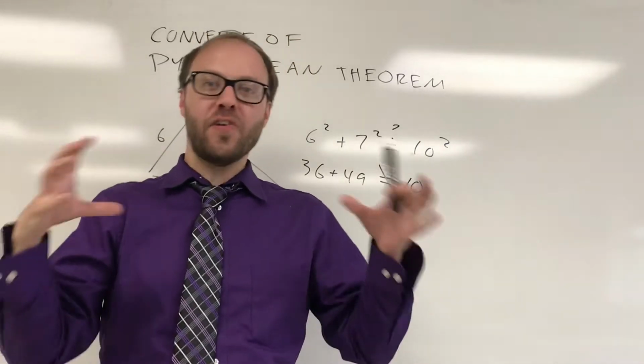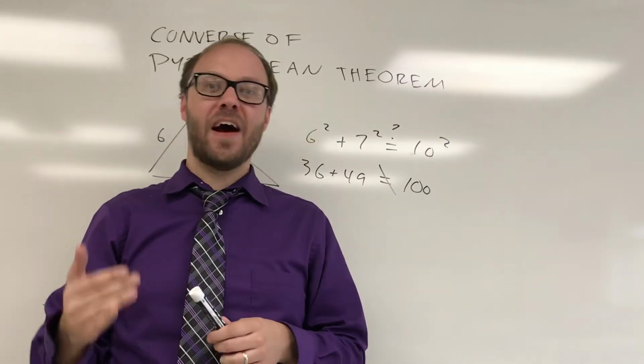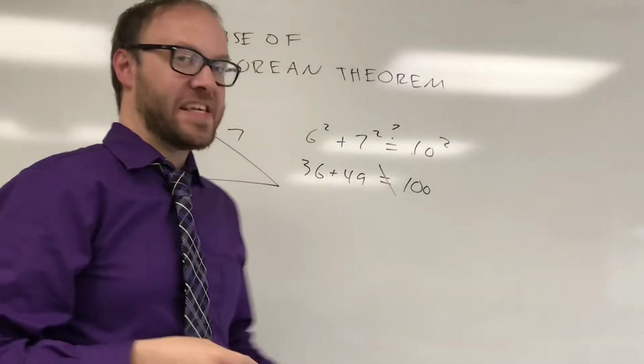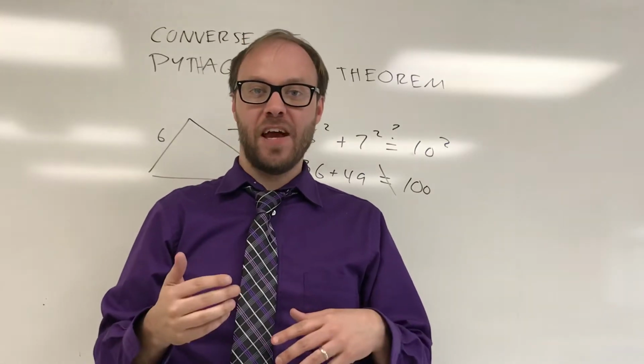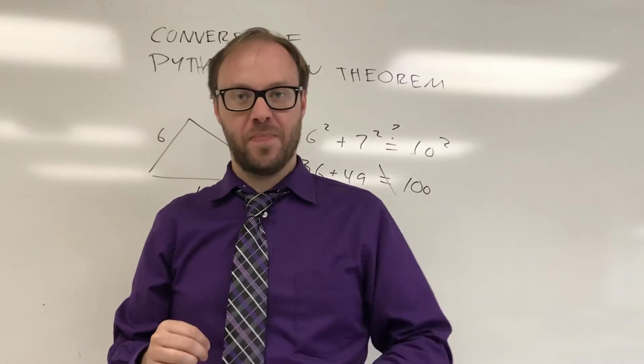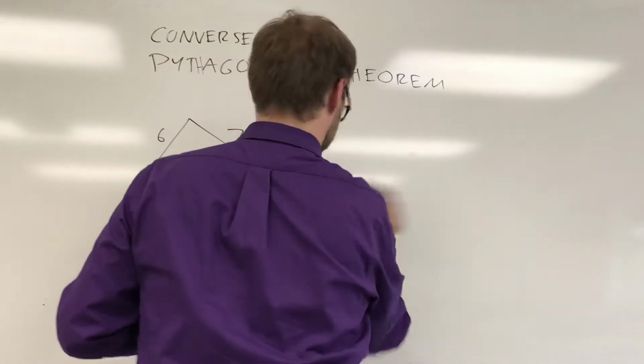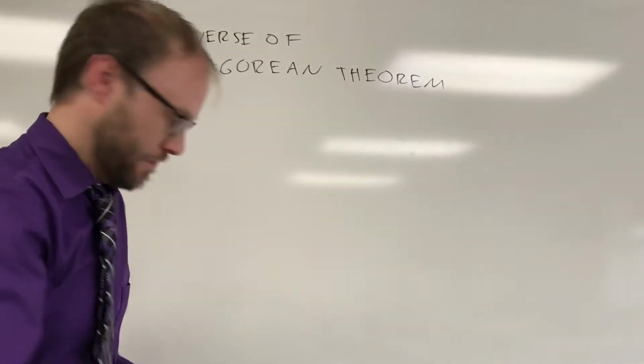So on a low level, this doesn't work in the Pythagorean theorem, not a right triangle. Now, the follow-up from this: you can actually tell what kind of triangle you have if it's not a right triangle. It could still be obtuse, it could still be acute. Here's the deal. Let's look at a triangle that is a right triangle for a second.